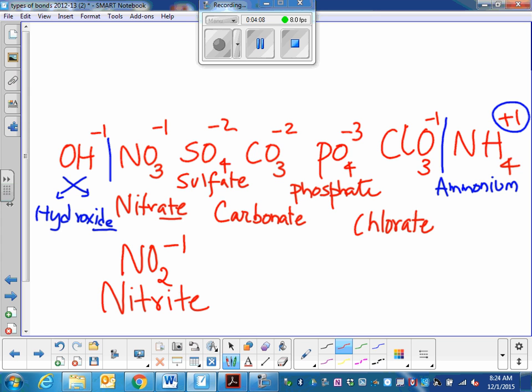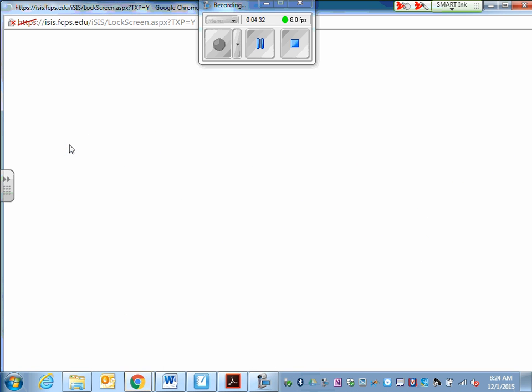It will be SO3 -2. That is a sulfite. What will be the formula for chlorite? ClO2 -1. That's a chlorite.